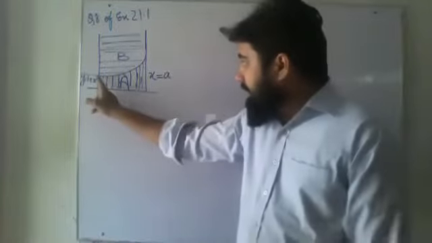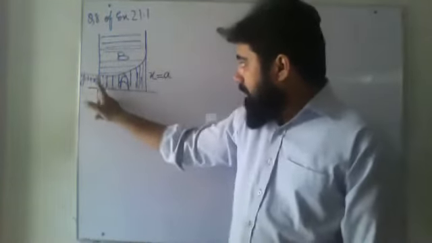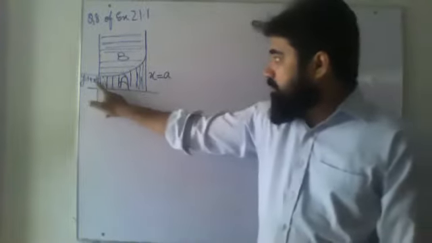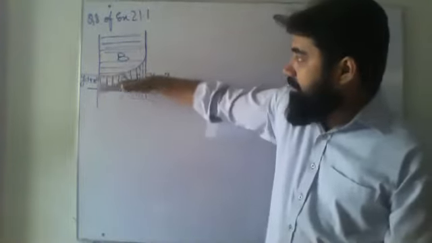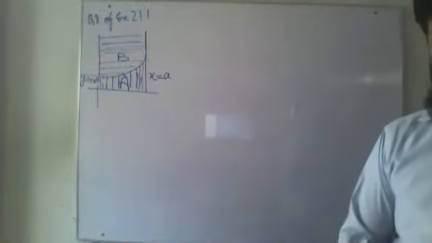If I integrate this curve, which is given over here, between the limits 0 to a, I will have this area under the curve till the given axis. That's the basic concept which we are going to use over here.